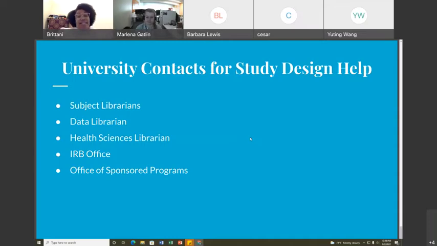We also have health sciences librarians, which I don't know that people always know about, and they help with different kinds of study design. For instance, I'm self-proclaimed the one who knows the least about this. They can help advise about things like systematic and scoping reviews, which require different kinds of data altogether.